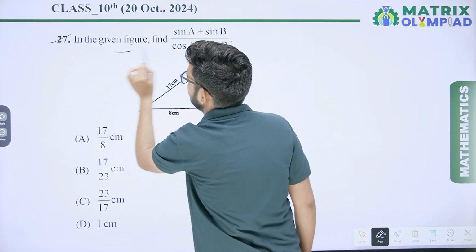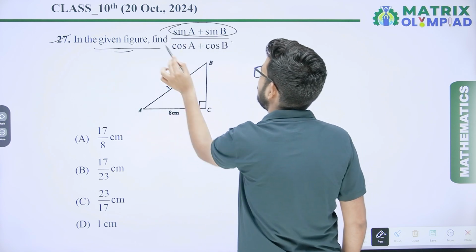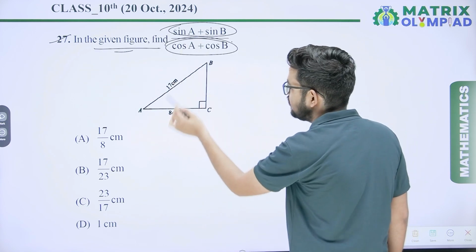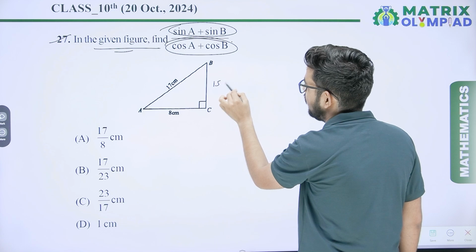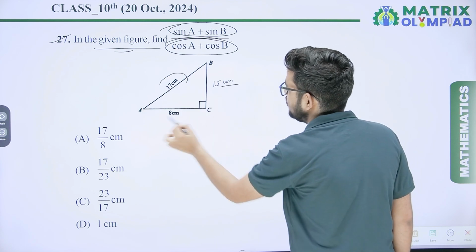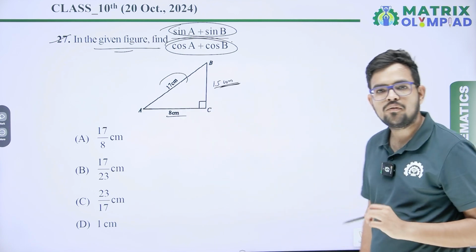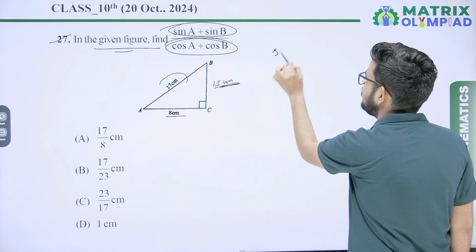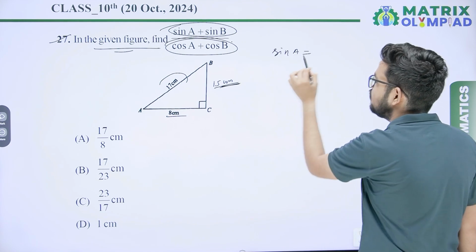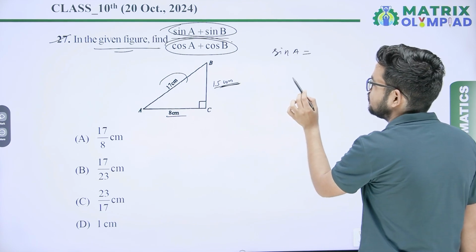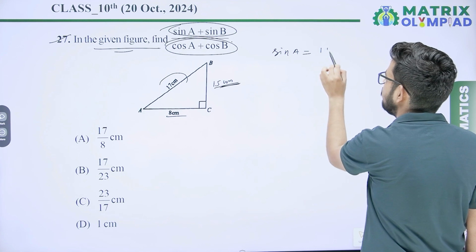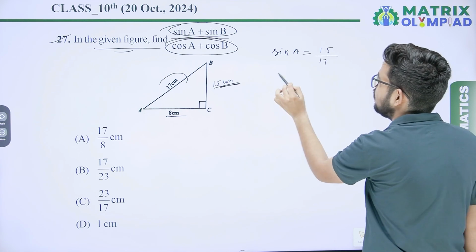Question number 27. In the given figure, find sin A plus sin B upon cos A plus cos B. The figure is given. So from the figure, the hypotenuse is 17, the base is 8, so the perpendicular will be 15 centimeter. Now sin A is perpendicular upon hypotenuse, so it will be 15 upon 17.